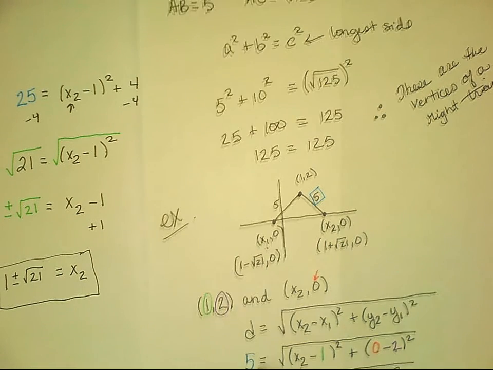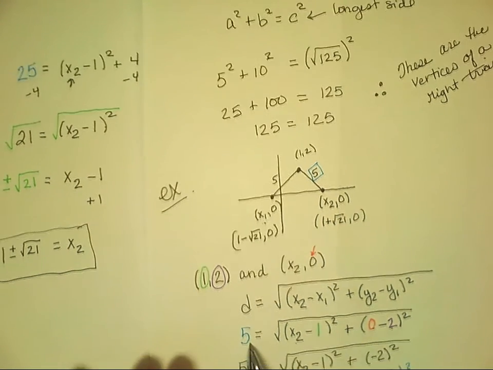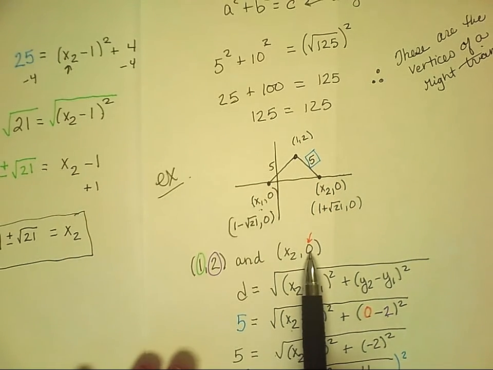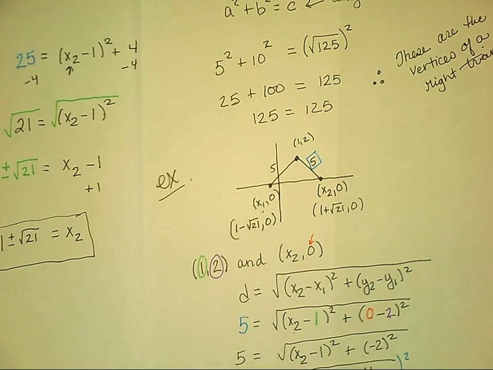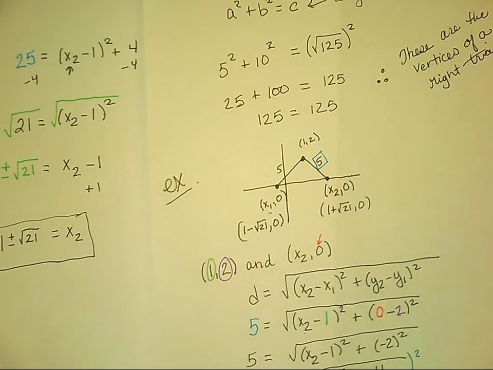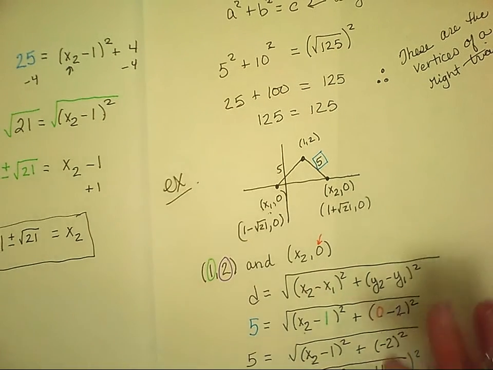So I hope this makes sense. In this case, you're going to take the distance and plug in the fact that it's on the x-axis, so y must be 0, and then solve, and the other two will come out. Okay. So that's how you do that one.